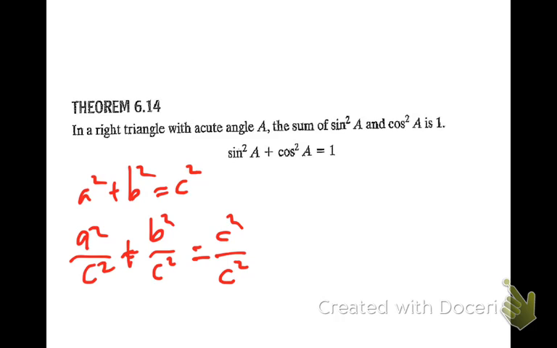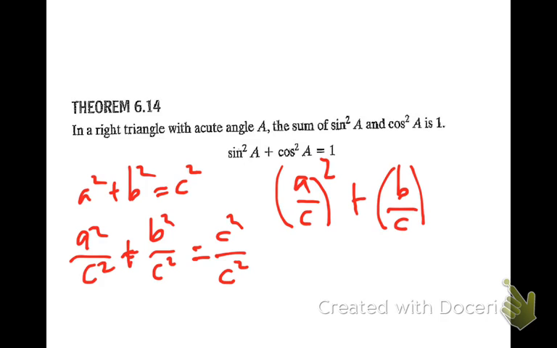So then we can change that to (A over C) squared plus (B over C) squared equals 1.